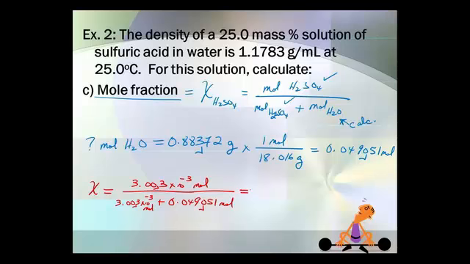When we add the denominator, we're going to have moles on the bottom and moles on top, so we're going to end up without any units for a mole fraction. This final calculation is 0.05769, and we're carrying 3 significant figures. So this is our final answer. And again, notice that it is unitless.